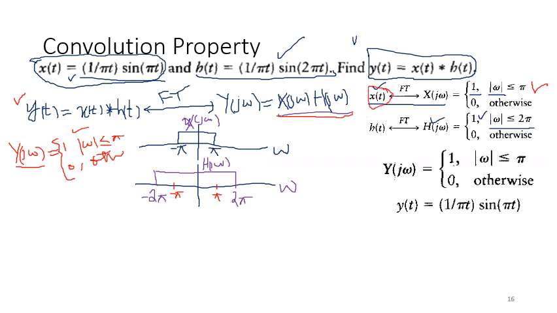So y of t equals 1 over pi t times sine of pi t, or you can say whatever x of t is, that is y of t. You see that it has made your job quite easy.